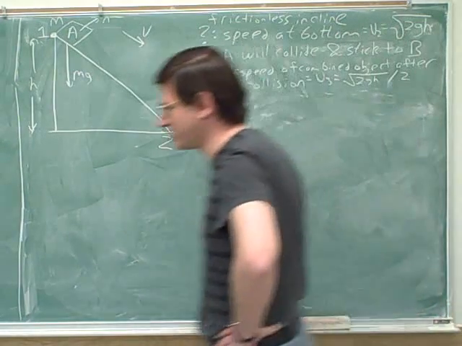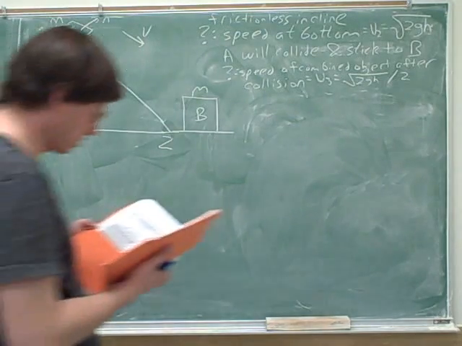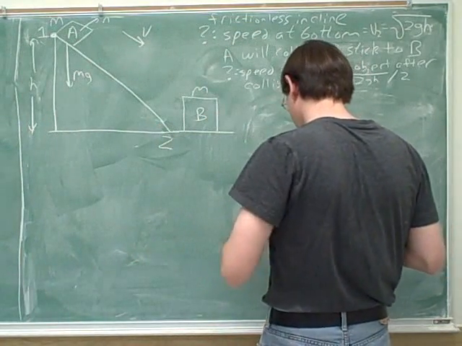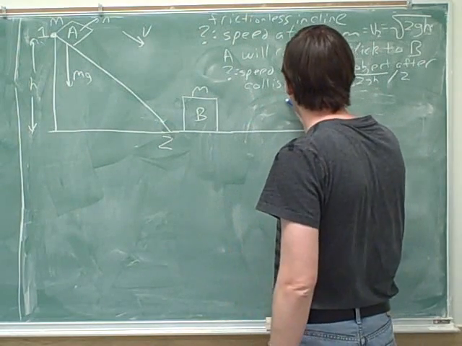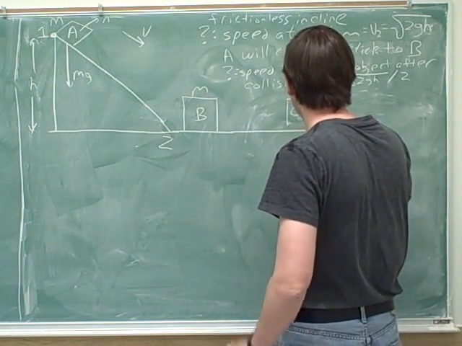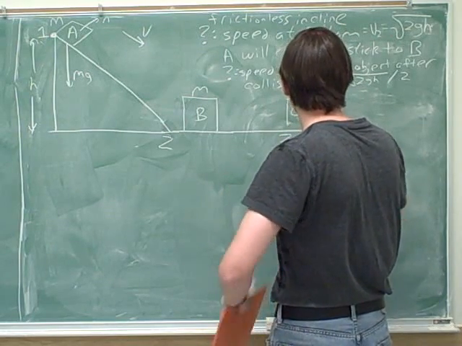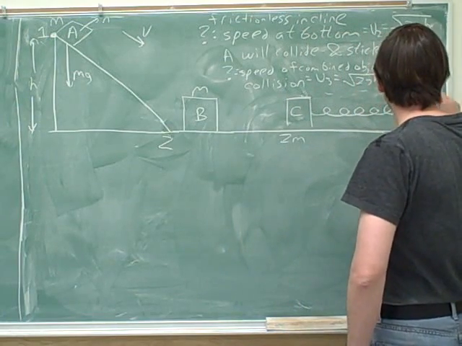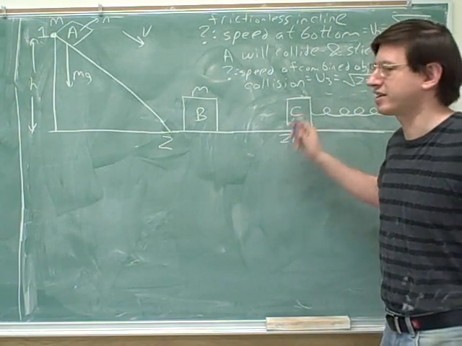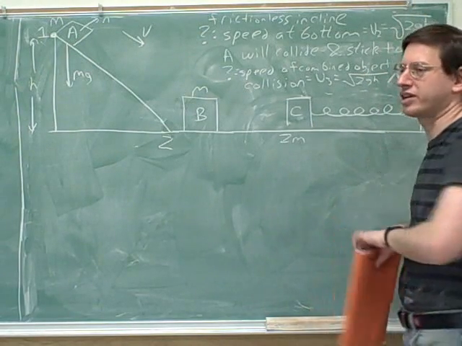Let's put in one more complication. So now we have object C, which is attached to a spring.